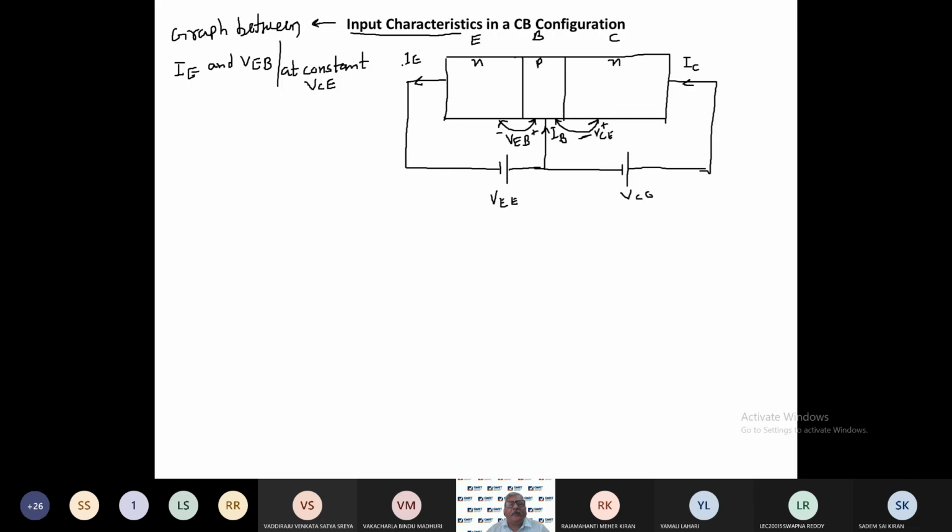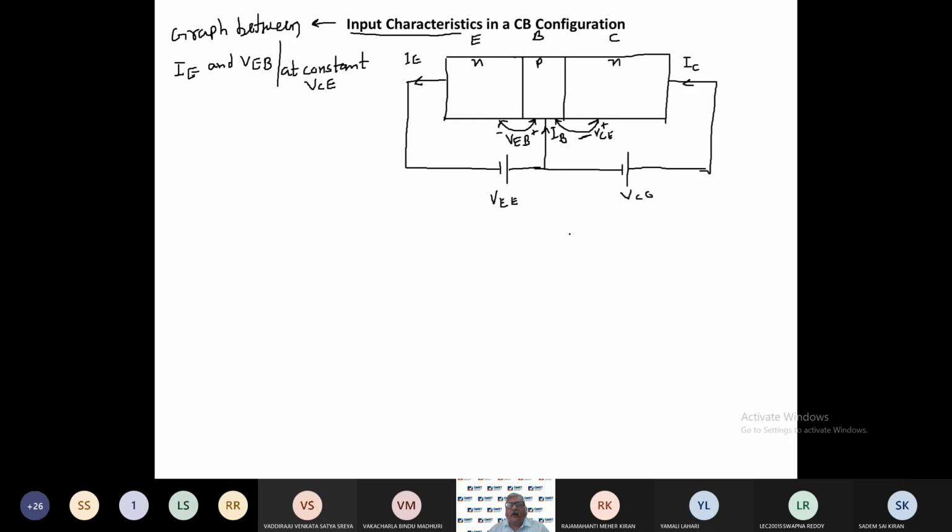Right? See, input current is IE, input voltage is VEB, output current is IC, output voltage is VCE. So the input characteristic is the graph between IE and VEB at constant VCE.